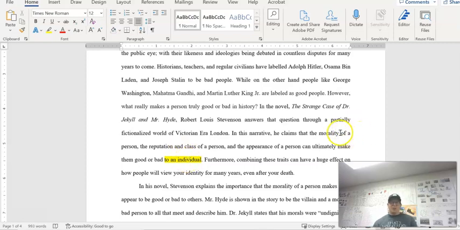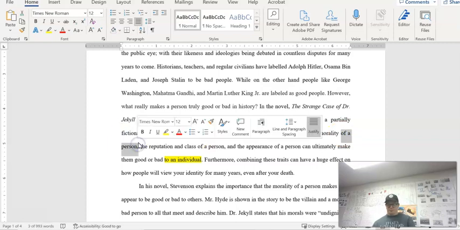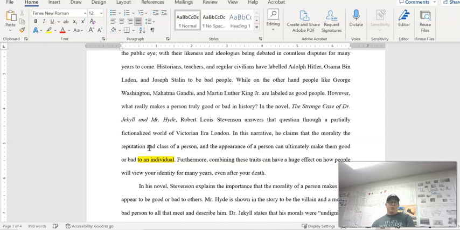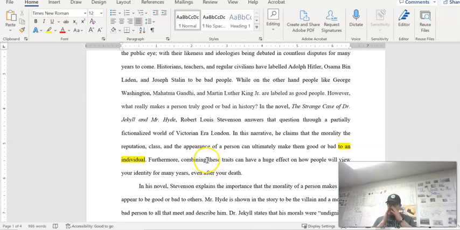Claims that the morality of a person, the reputation, and the appearance of a person. I think we just need to do the morality, the reputation. Are you going to talk about reputation and class and appearance? So I would just get rid of that. But this tells me that I should expect 4 body paragraphs: morality, reputation, class, and appearance.